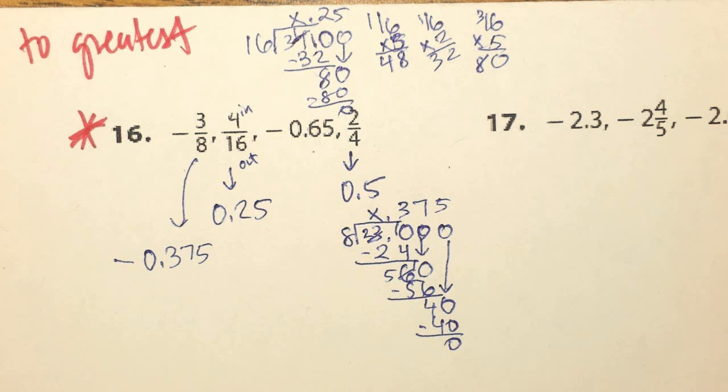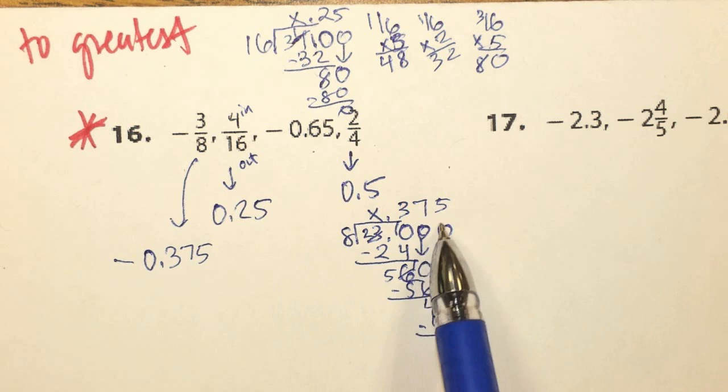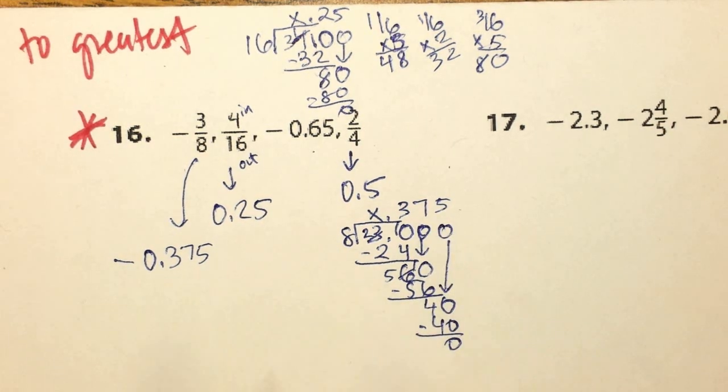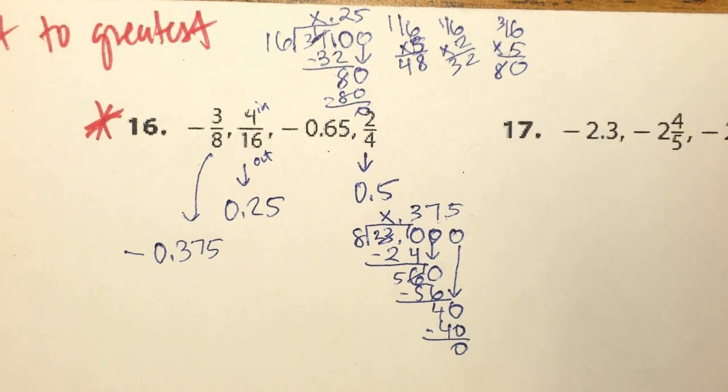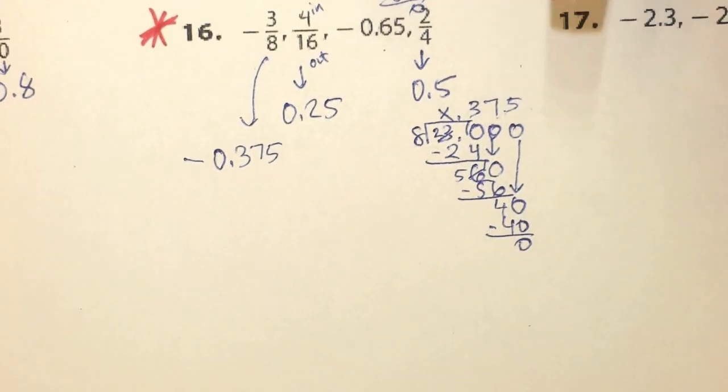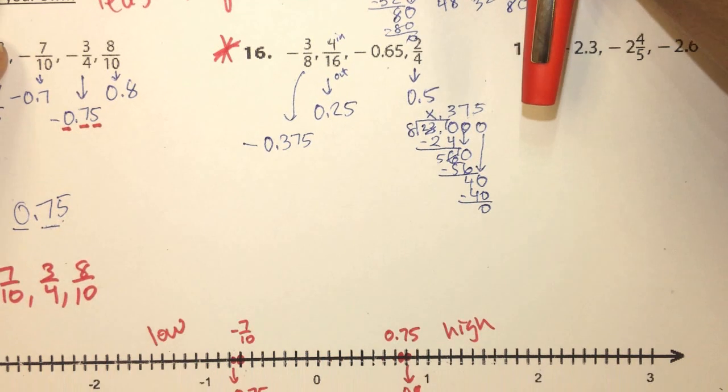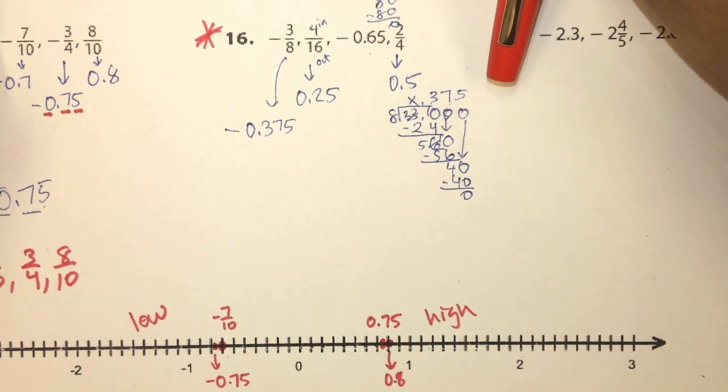Now, this one might be a little bit tricky to put on our number line just because we do see a lot of different place values. Normally, I'll tell you right now, I won't give you thousandths. You usually won't have to worry about thousandths, but hundredths you will see. The reason I left this one on here is because it isn't too bad, since it's kind of obvious to see some of the problems.